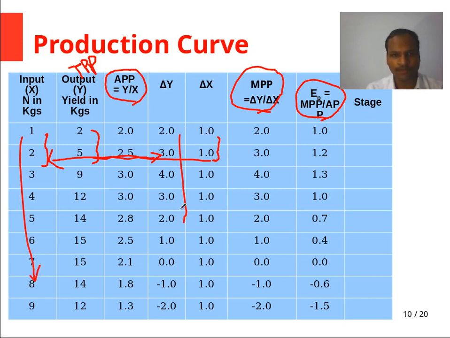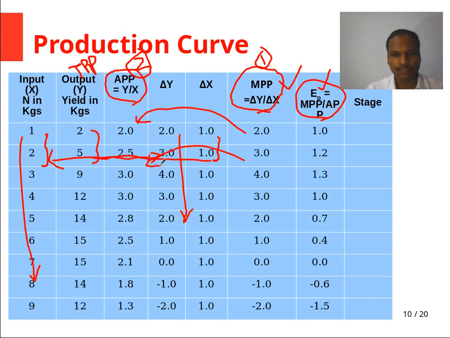When we divide these two, we get the marginal physical product, and we can find elasticity also by dividing MPP and APP. So by dividing MPP and APP, we get elasticity of production. So this 2 divided by 2 and 2.5.